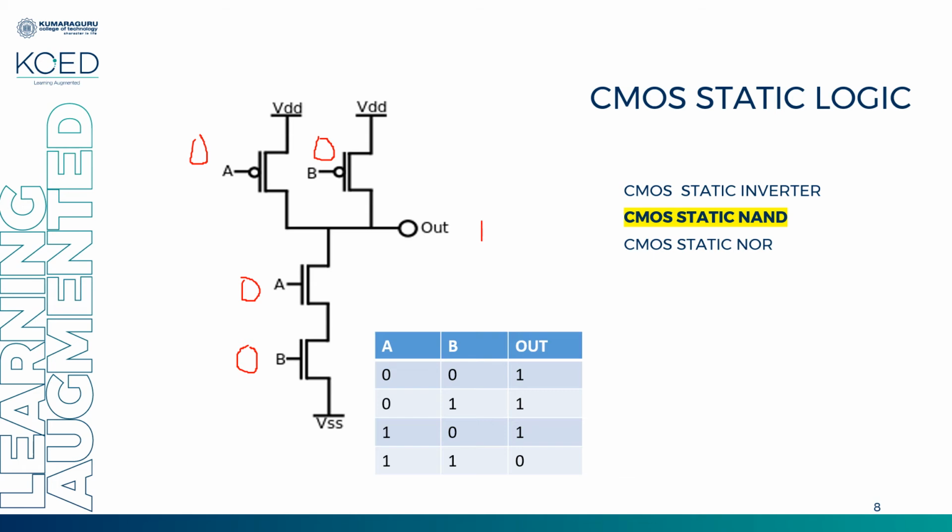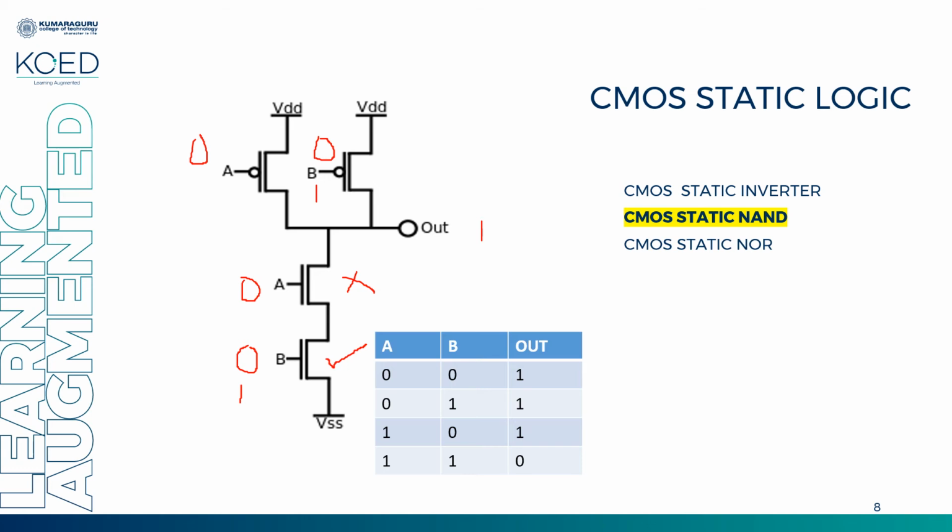Okay. Next combination is 0 and 1. So A is 0, here also I have given A as 0. B is 1, here it is 1, here it is 1. So if it is 1, this transistor will turn on and this transistor will turn off. Okay, what about here?